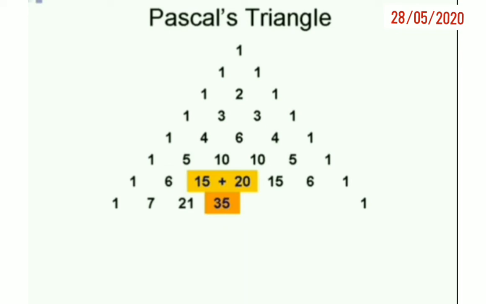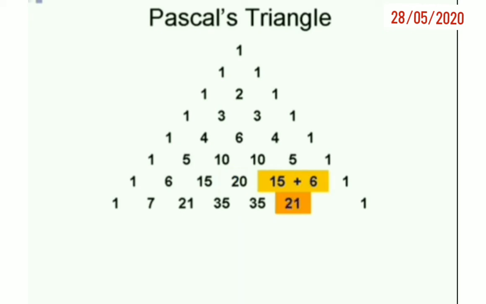Then 20 plus 15 is equal to 35. Then 15 plus 6 equal to 21. And finally, 6 plus 1 is equal to 7.